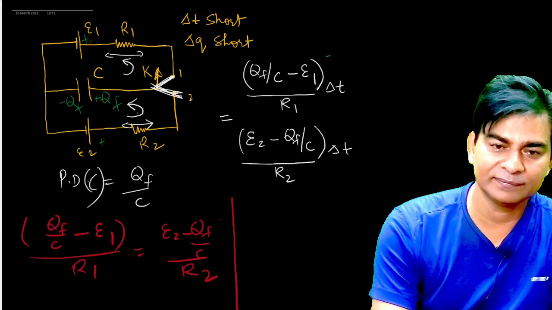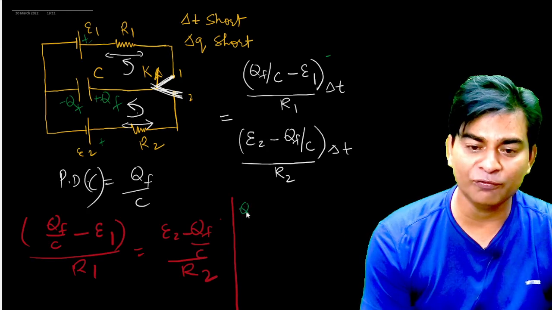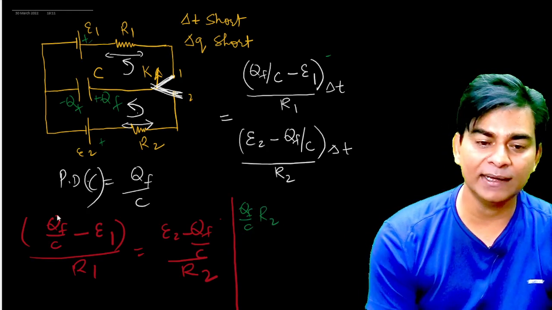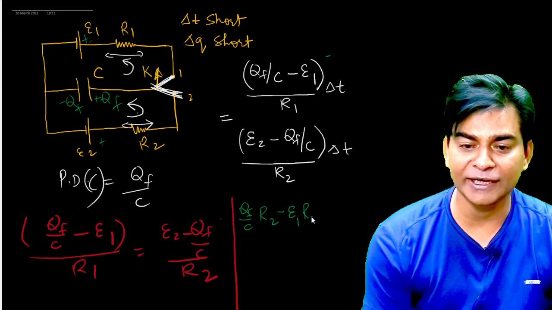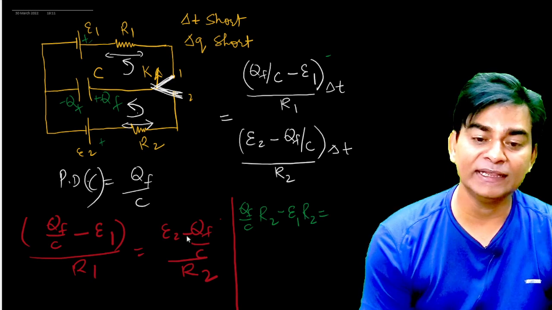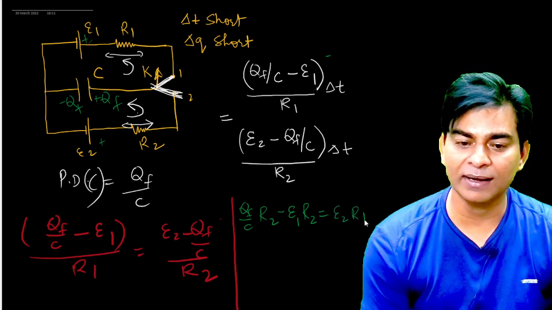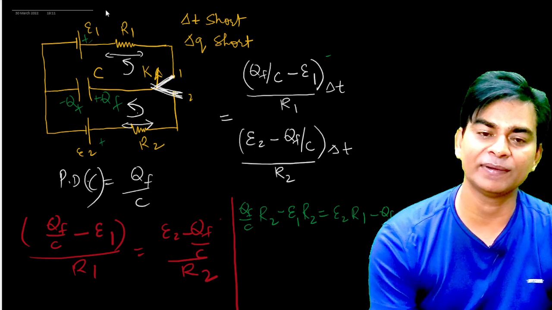Let's solve it. Cross multiply by R1: Q final divided by C times R2, minus E1 into R2, equals E2 R1 minus Q final divided by C into R1.